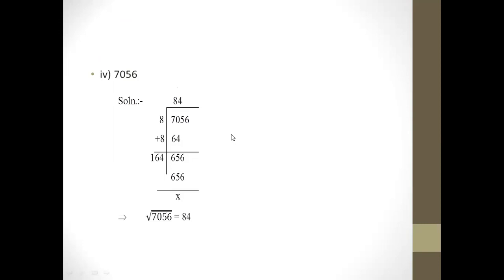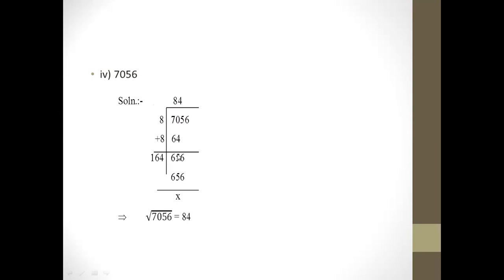Look, 7 sevens are 49, less than 70. 8 eights are 64, less than 70. 9 nines are 81, greater than 70. So what do you do? 8 eights are 64. So 70 minus 64, 6 will come, and this 56, the complete pair, will come down.